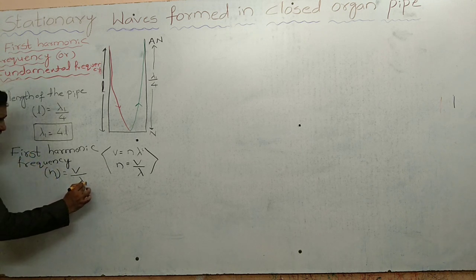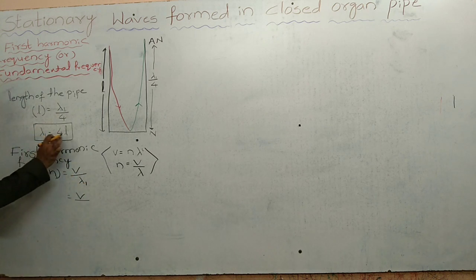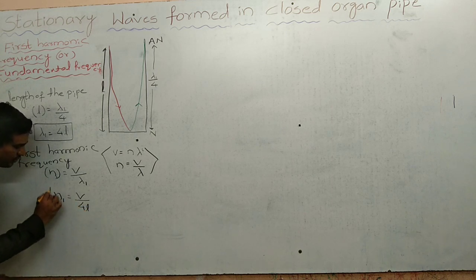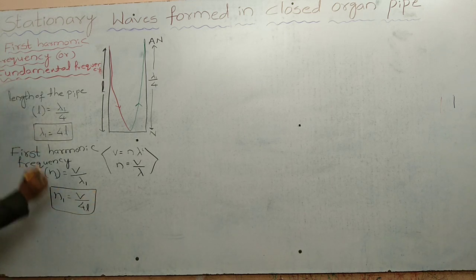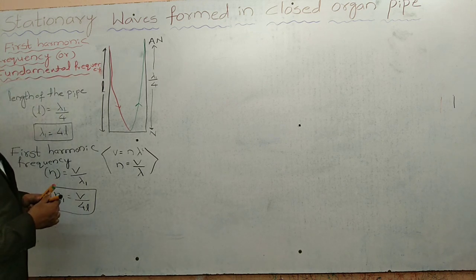V by lambda 1, that is V by 4L. It is the fundamental frequency or first harmonic frequency, also called the starting frequency.